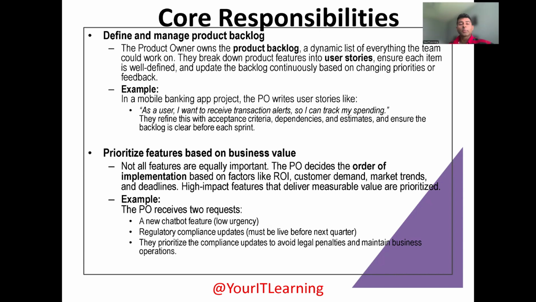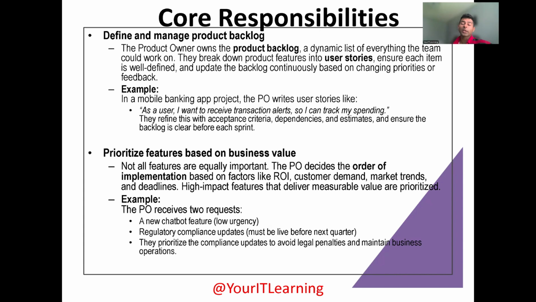Okay, so now the product owner, as a next step, prioritizes features based on business value. Not all features are equally important, as we all know. The PO decides the order of implementation based on factors like return on investment, customer demand, market trends, deadlines, product backlog. High impact features that deliver measurable value are prioritized.